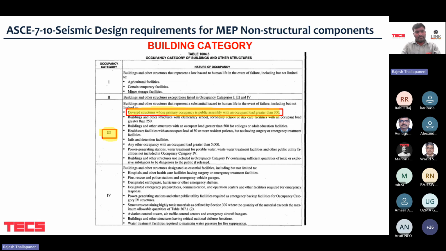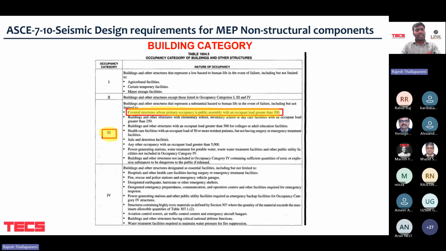In some codes, it refers to A, B, C, D, but at the end of the day, the core intent remains the same. Now I'm taking an example of a public assembly building where the occupants at any given point of time will be more than 300, like a convention center or a function hall, where you will see a gathering of more than 300, which falls under category 3.